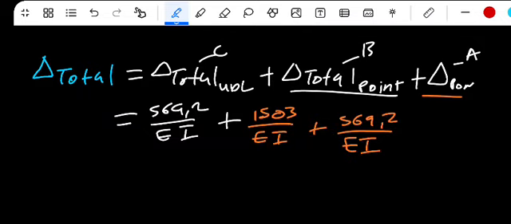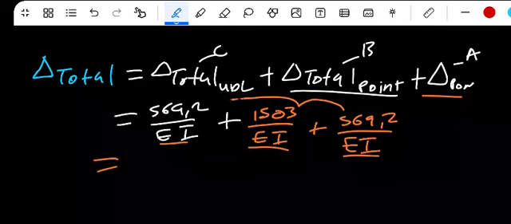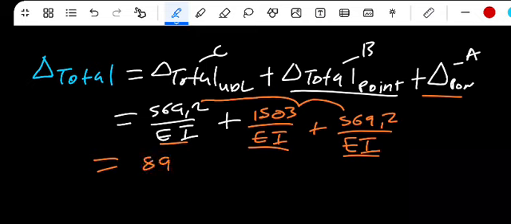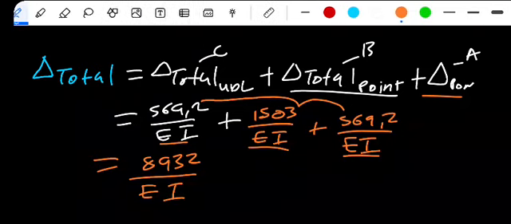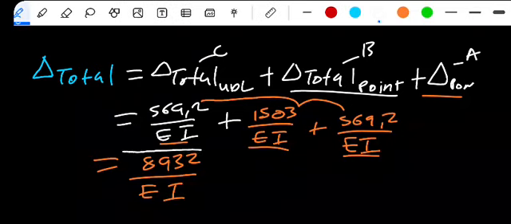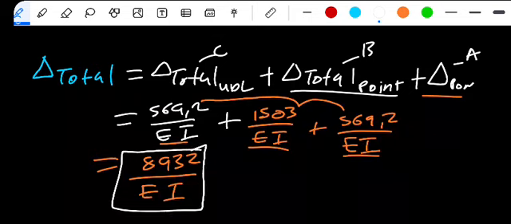Those we total. The denominators are the same, so we add what is on the top, and we'll have 8932 over EI. So that is your total deflection.